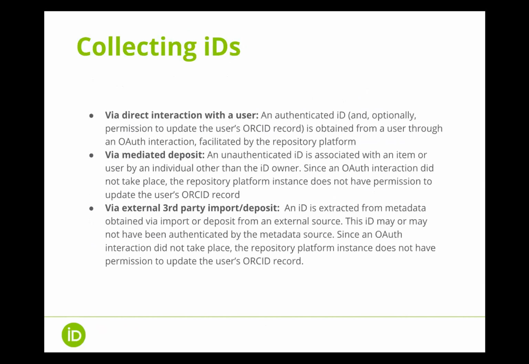So it's possible to, and recommended, and we encourage to collect those IDs with user interaction or authentication, meaning implement the three-legged OAuth protocol to prompt the user to sign into that ORCID record, and then grant permission to the organization to interact with that ID.